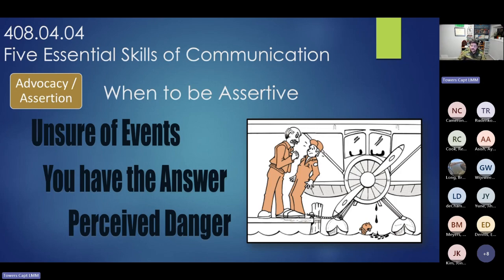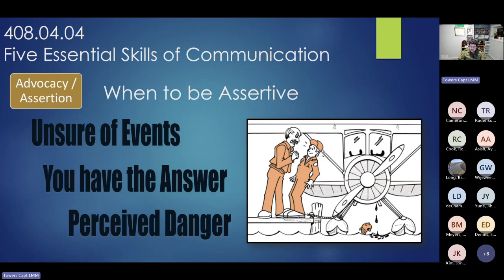So whenever you're unsure of the events happening around you, don't just go with the flow. Stop, make sure you ask the questions, figure out what's going on. There are thousands of accidents and incidents in the past where the people in that environment had a gut feeling that something's not quite right, but they haven't bothered to speak up and ask that question. So when you're unsure of events, be assertive.